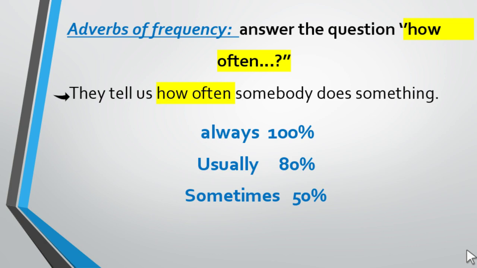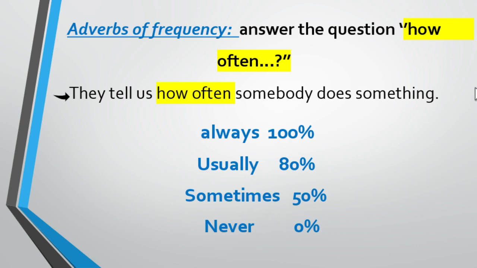Sometimes, like 50% of the time. For example, you only watch TV 3 days a week. For example, you only go to the gym sometimes, like 2 weeks a month, for example. So that's sometimes, 50% of the time. And then we have the adverb never, which is 0% of the time.